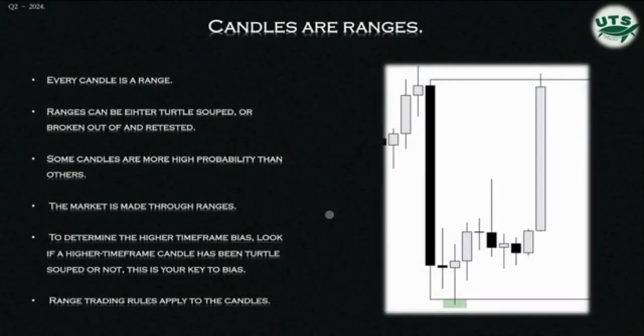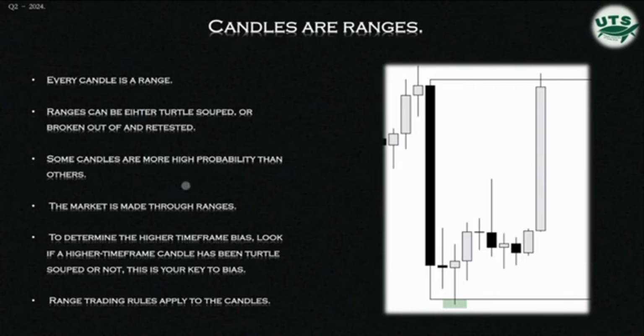Candles are ranges. Every single candle is a range on every single time frame. Ranges can either be turtle souped or broken out of and retested. Some candles are, by nature, more high probability than others.